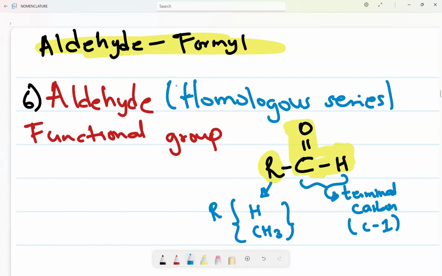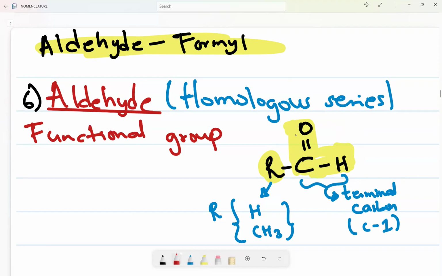Very important: the functional group, double bond O and H, is always on carbon number 1. This is what makes aldehyde special from the organic compound that we're going to talk about after this one.